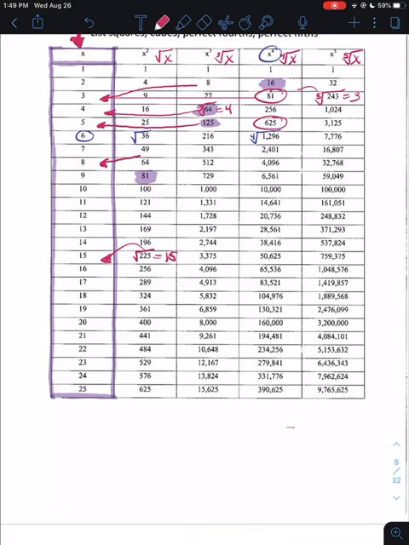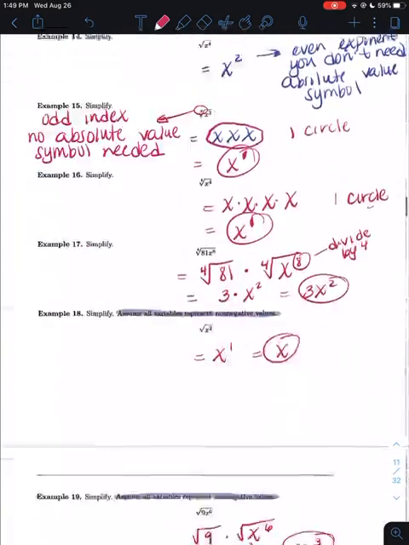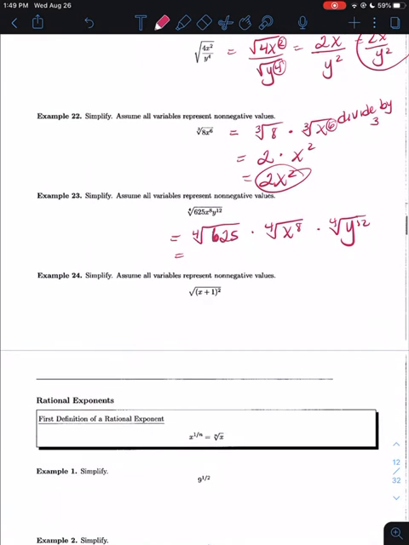Here we go, 625. The fourth root of 625 is 5. The fourth root of x to the 8th, when I divide 8 by 4, I get 2. The fourth root of y to the 12th, 12 divided by 4 is 3. So your final answer is 5x squared y to the third.